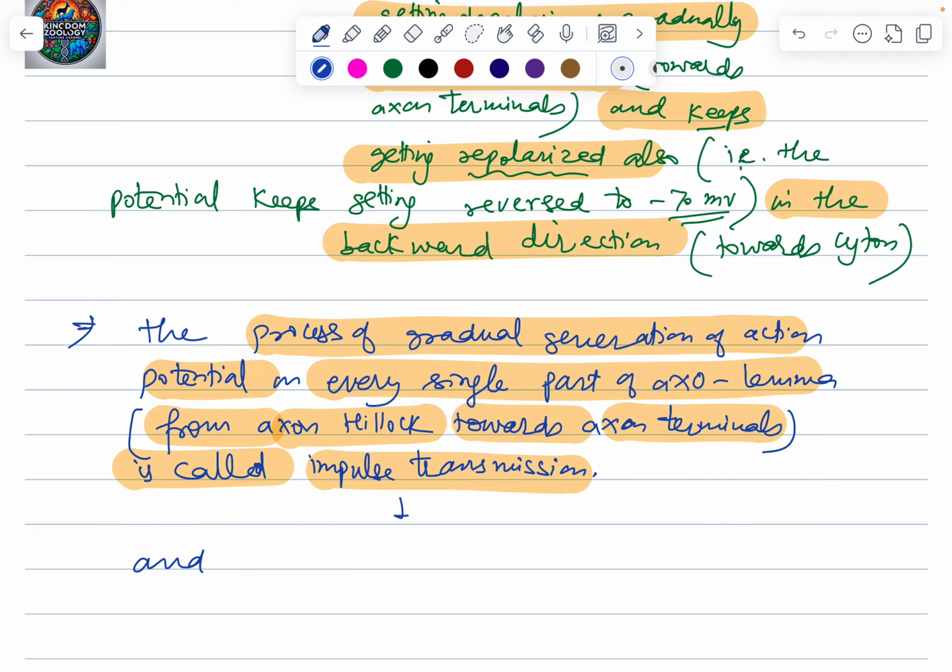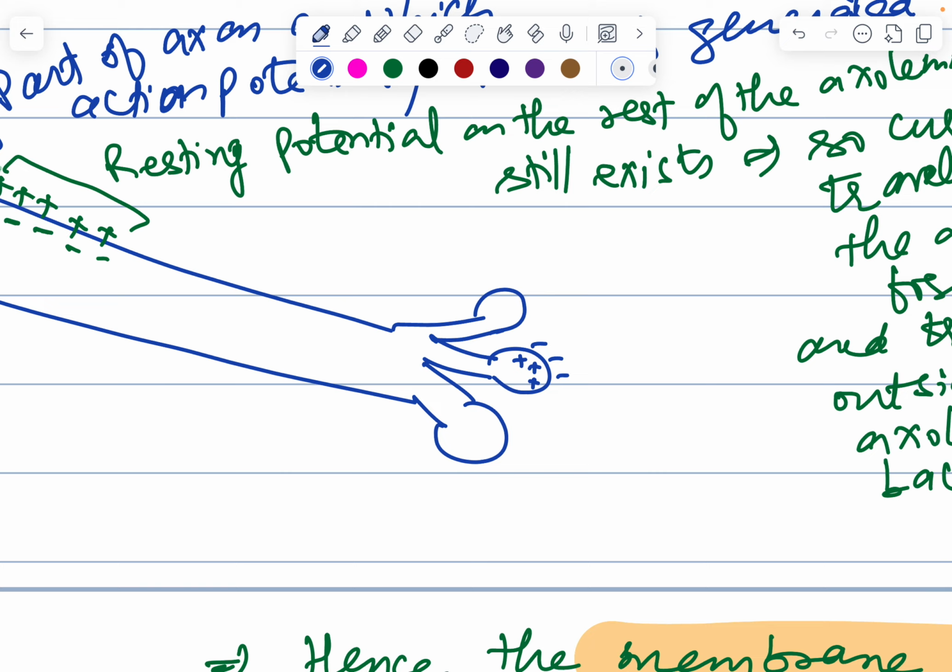And finally, the action potential reaches the presynaptic membrane. It has arrived: here is the action potential on the presynaptic membrane, having traveled from there. Positive inside, negative outside.